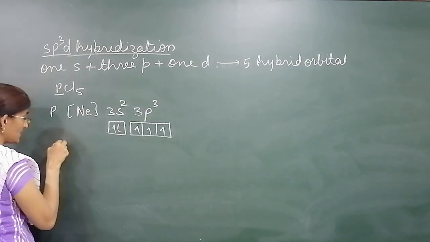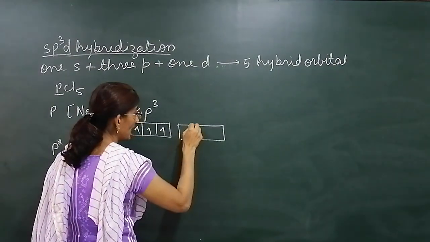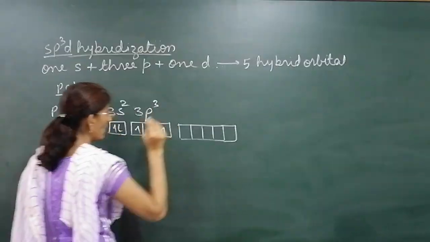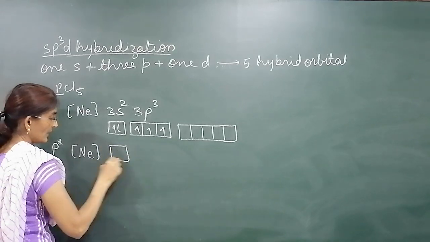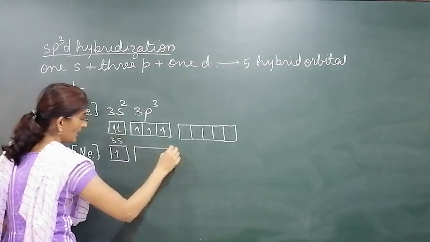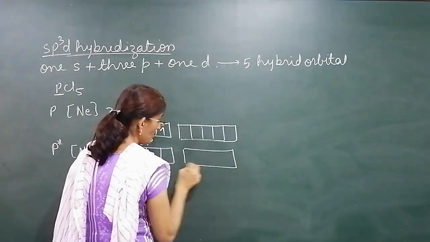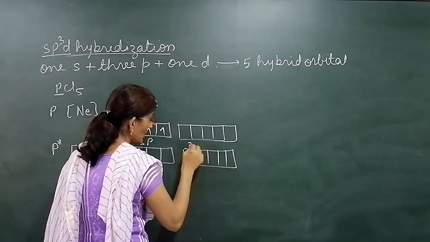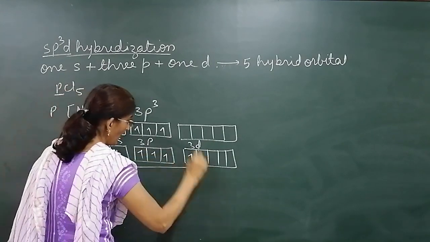So, in excited state, one of the 3s electrons moves to 3d because 3d is vacant. So its configuration becomes neon, 3s1, 3p3 and 3d1, where one electron jumps. They have 3 unpaired, so now total 5 unpaired electrons.